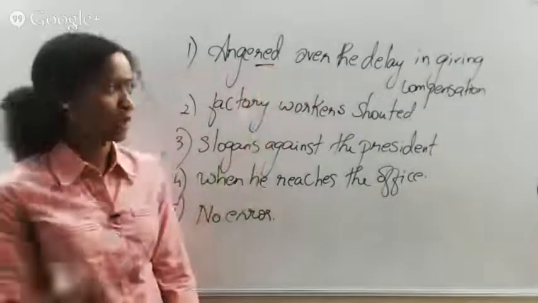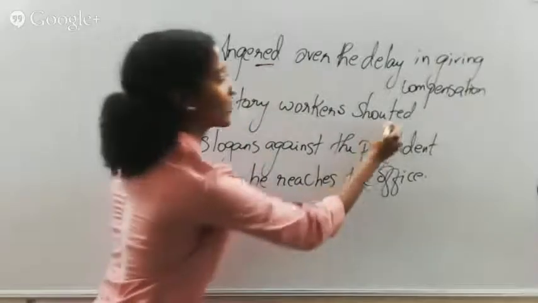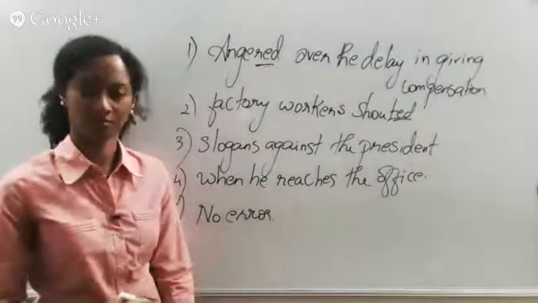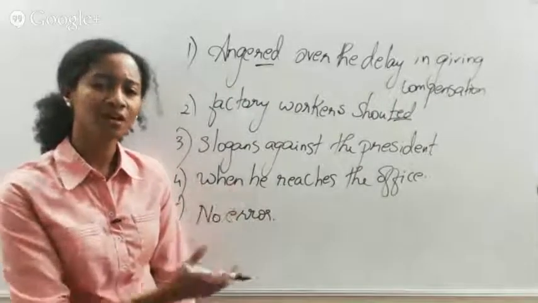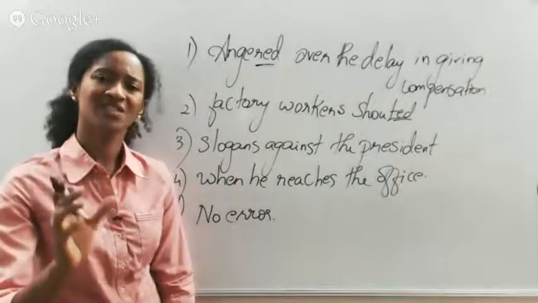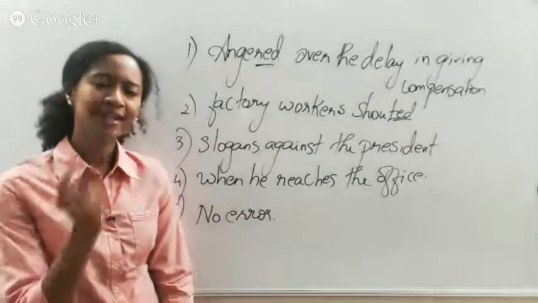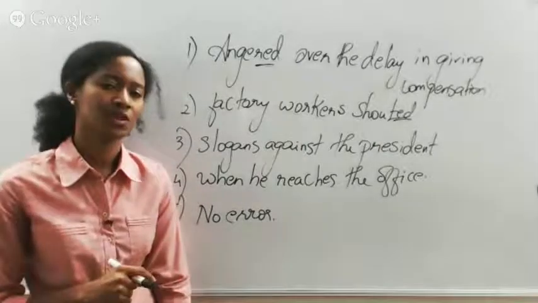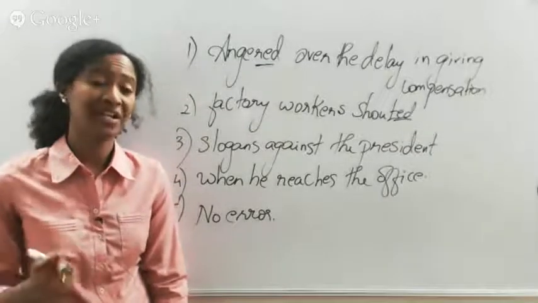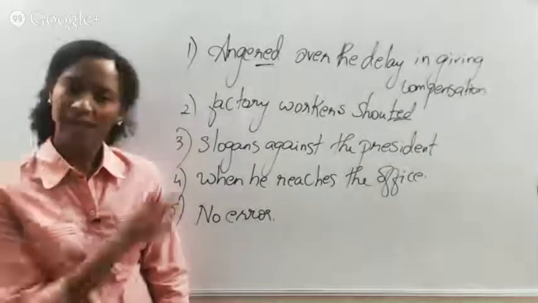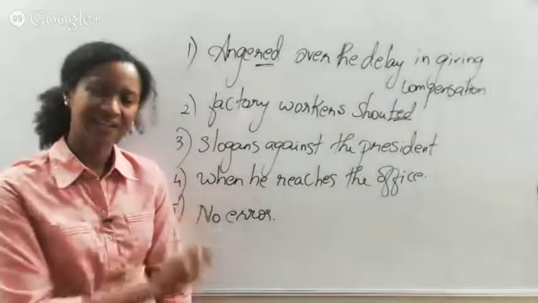Okay, so if you look at this sentence, what is the general tense? Angered, past tense. Shouted, past tense, right? Most of the predominant verbs in the sentence are giving me past tense verb forms. Is there a verb in the sentence which is contradicting the general tense and also hampering meaning? Everything is happening in the past tense. Is there any other word?